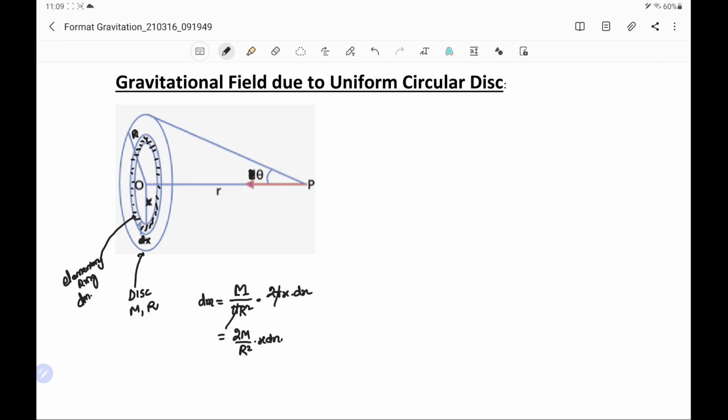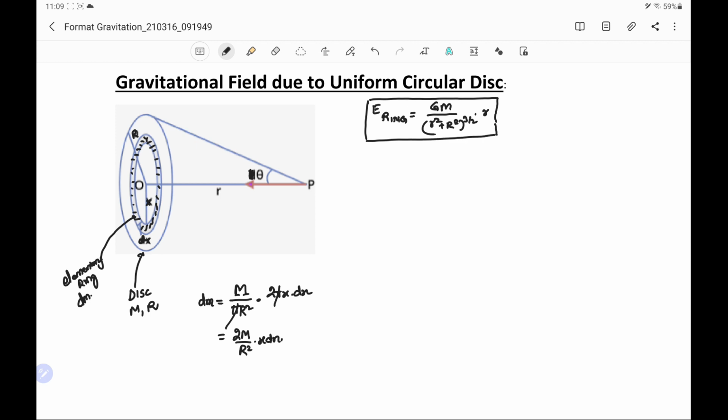Due to the ring, we have found the gravitational field. The gravitational field due to the ring at the axial point was GM upon (r square plus capital R square) whole raised to power 3 by 2 into small r, where small r is the distance of the point P from the center of the ring and capital R is the radius of the ring, M is the mass of the ring.